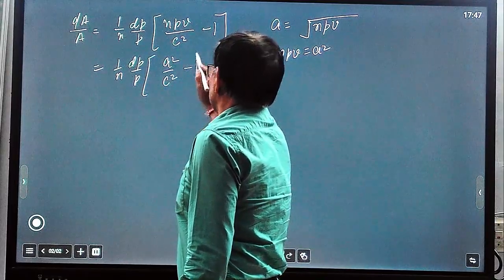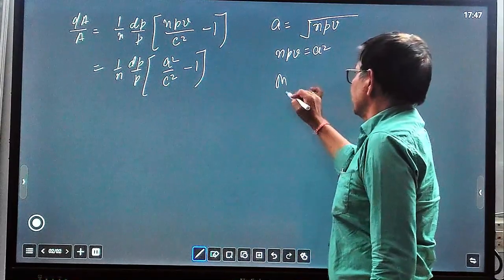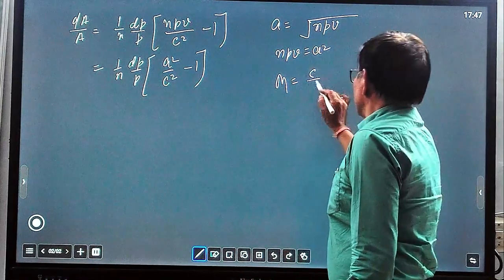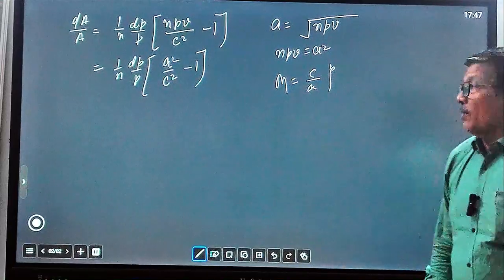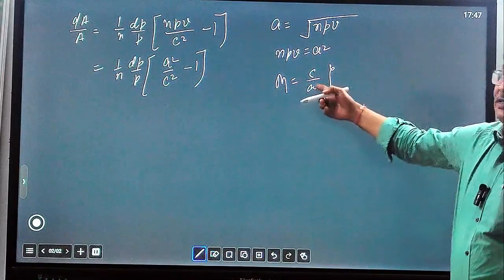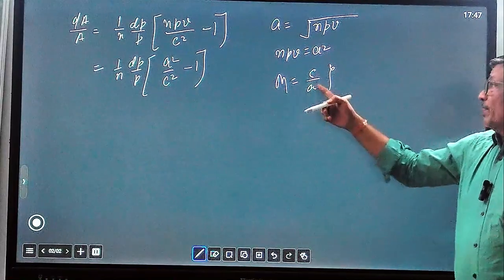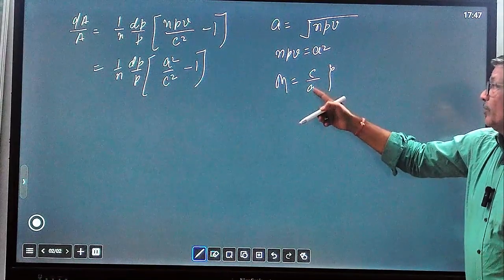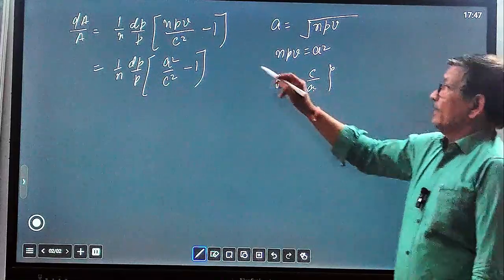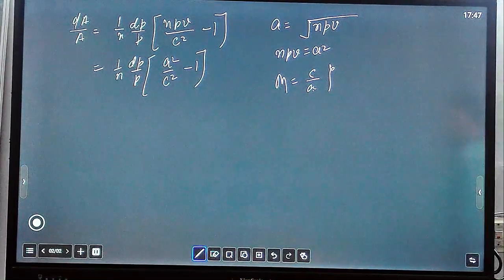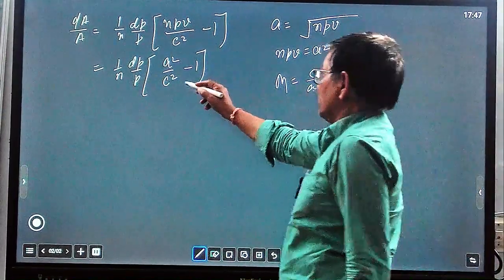Putting the value here, we get a square upon C square minus 1. And we know that Mach number equals C upon a, the velocity of steam upon the speed of sound in steam, where a is root of nPV.